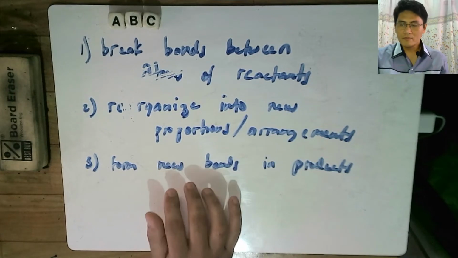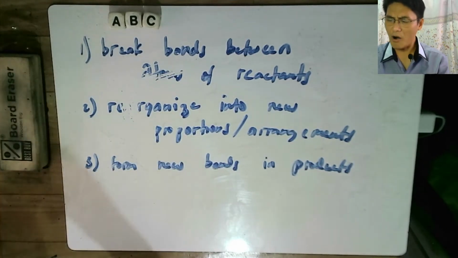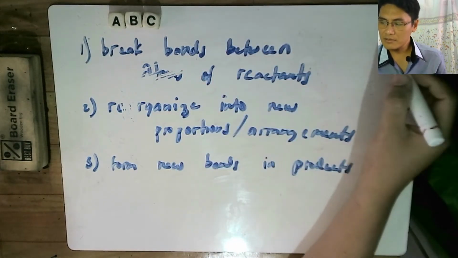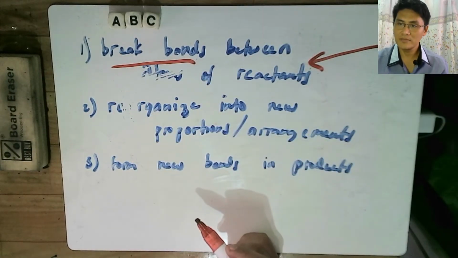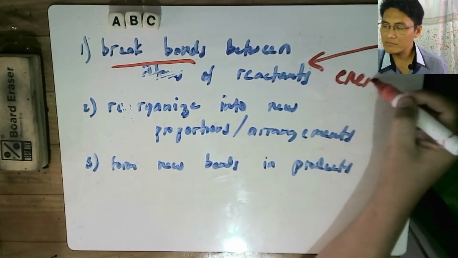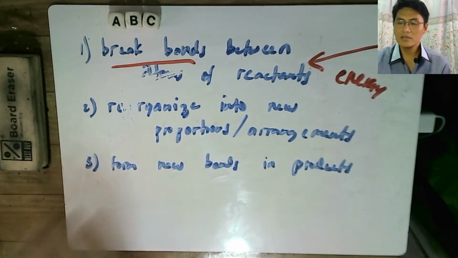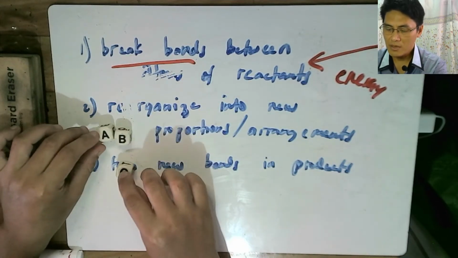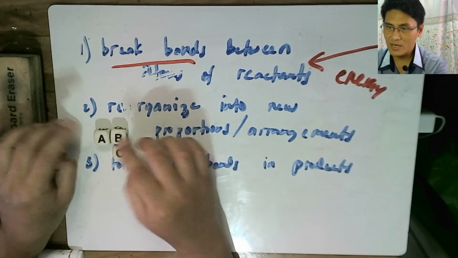So if you think about this, the first part, when you break bonds between the atoms, guess what? Every time you break something, it requires energy, right? It requires energy because A and B have a certain bond between them. For C to be able to break the bond between A and B, it requires energy.